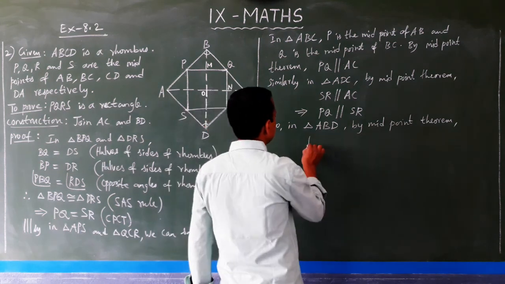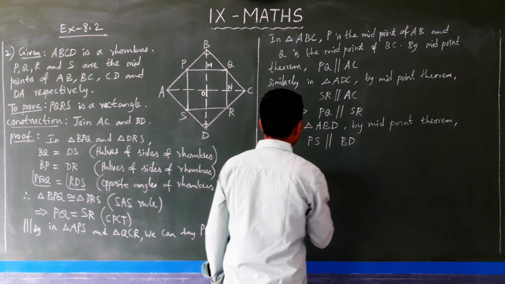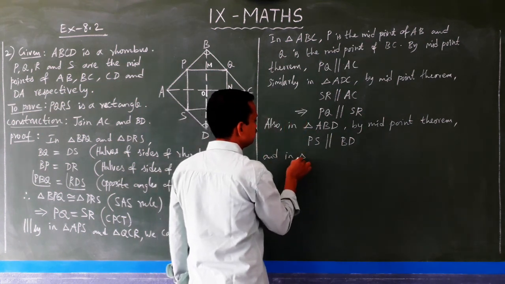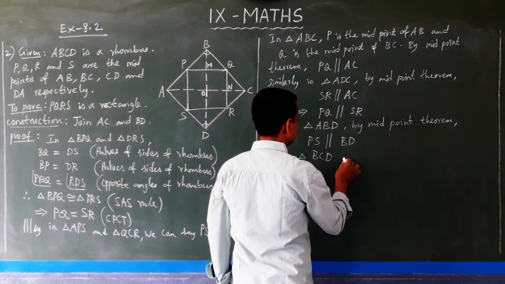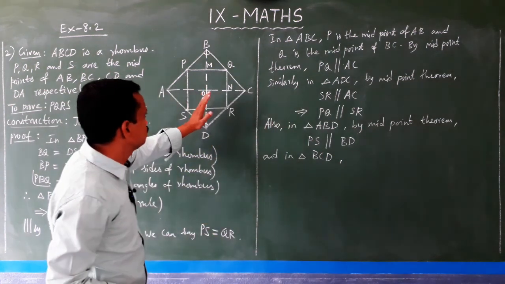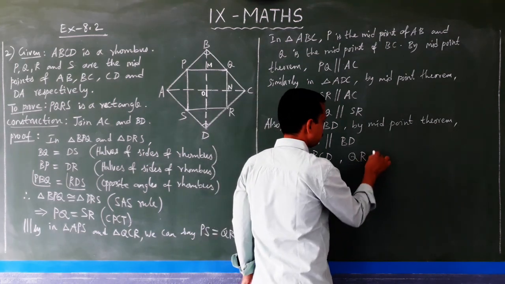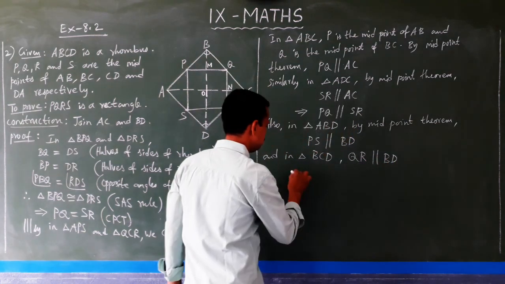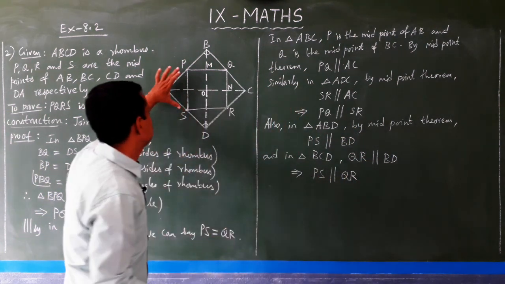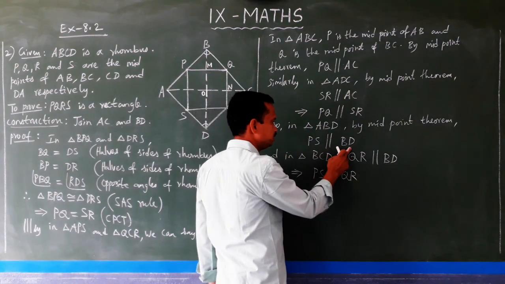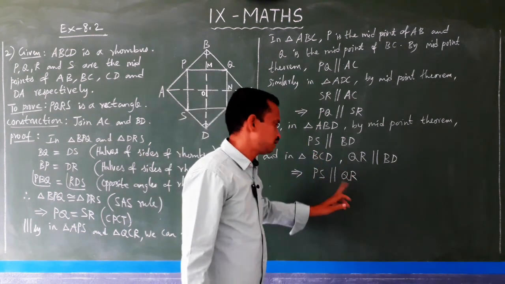So you can say that PS is parallel to BD, and in triangle BCD, by applying the same midpoint theorem, we can say QR is parallel to BD. This implies PS is parallel to QR. See, PS is parallel to BD and QR is parallel to the same BD. Therefore, we can take PS is parallel to QR.